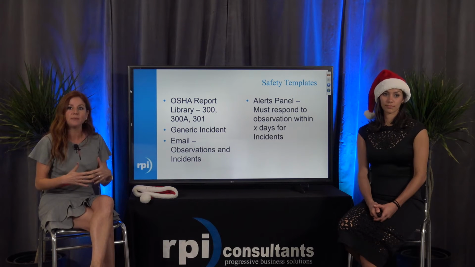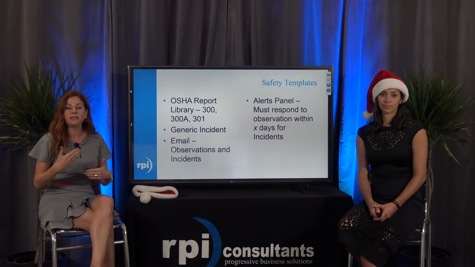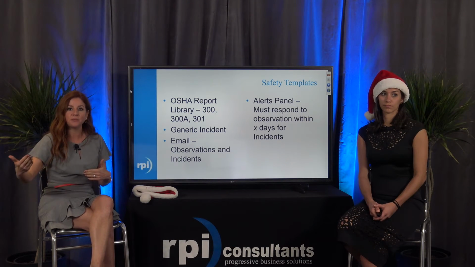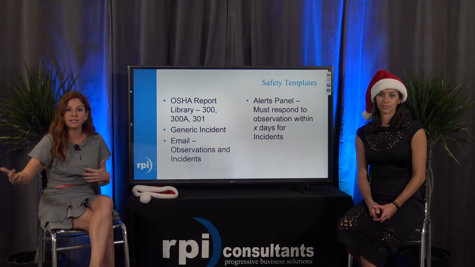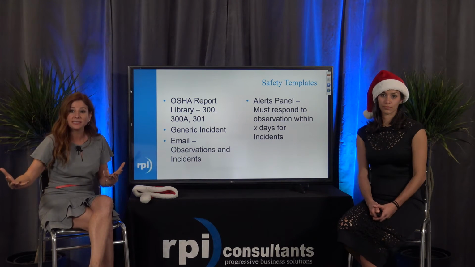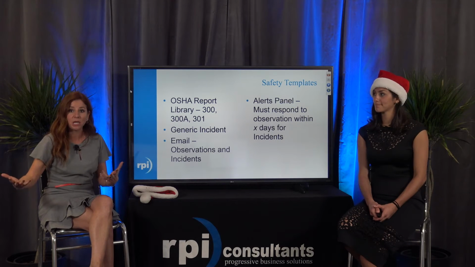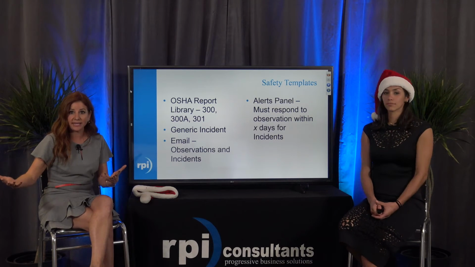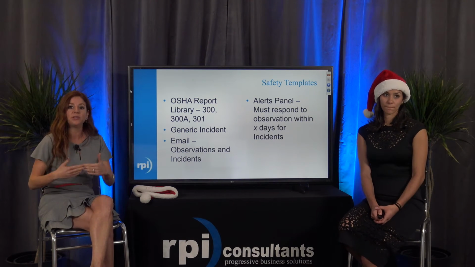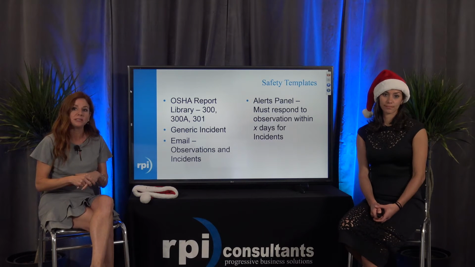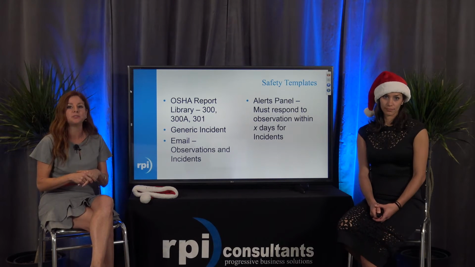If it has not come back, that means you need to escalate it and go back to that employee and say, hey, I assigned you an observation, we're investigating this accident, you haven't responded, we need to close this case. So this will give you that alert that somebody has not responded to an observation request.